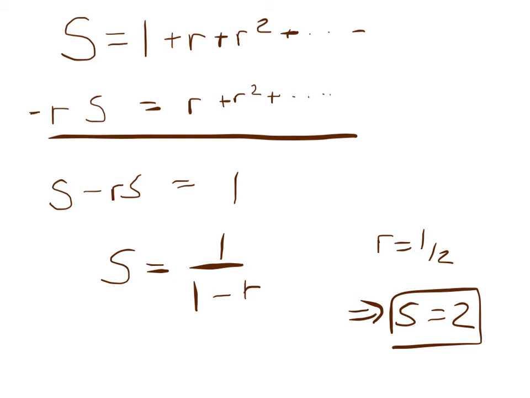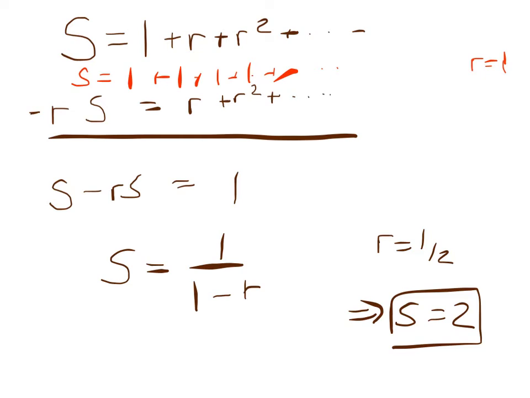It should be clear that if we put r equals 1, then S would be 1 plus 1 plus 1 plus 1 plus ... and that series simply doesn't converge. If you add 1 to itself infinitely many times, you get infinity. And you should be happy to see that if you plug r equals 1 into this formula, it also diverges because the denominator vanishes: 1 minus 1 is 0, and S is infinity.